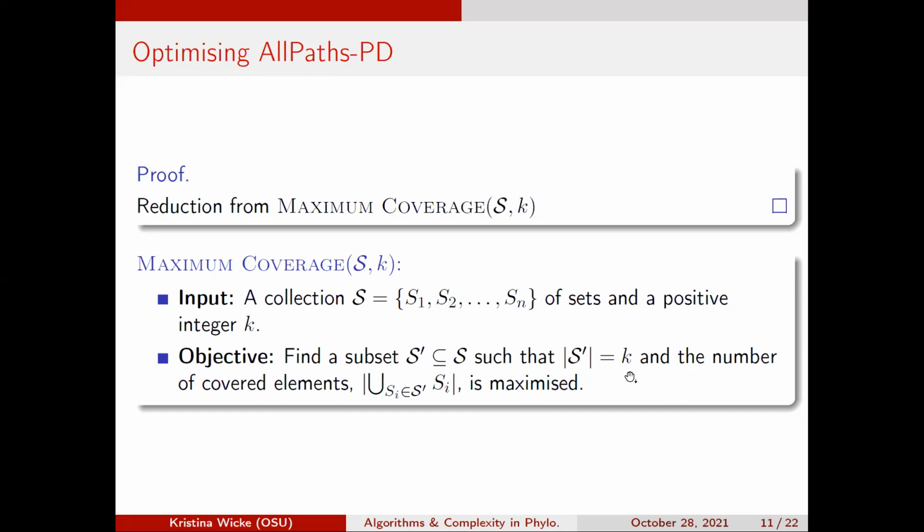So we're trying to find K sets such that the number of covered elements is maximized. This is the maximum coverage problem. And now, in order to show that our problem is NP-hard, we basically take an instance of this problem, translate it into a phylogenetic network, and show that if we could solve our problem in polynomial time, this problem could have also been solved in polynomial time.